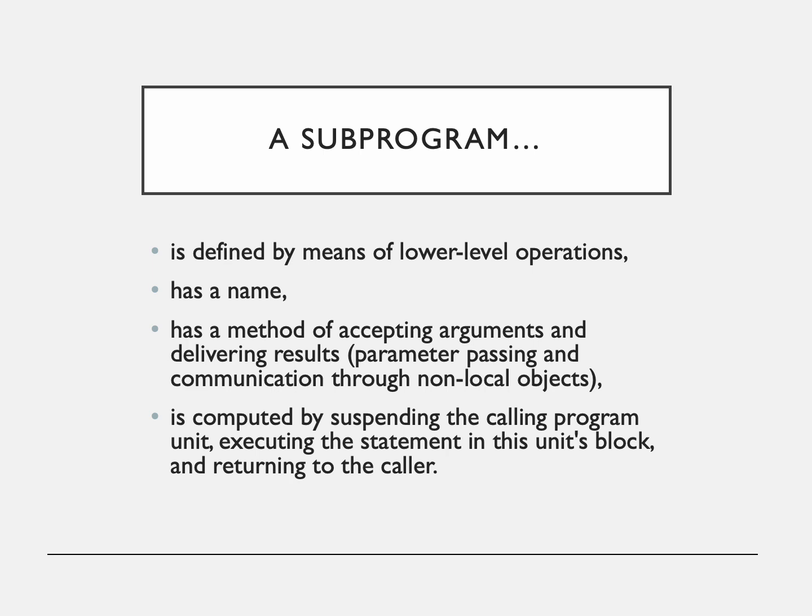At its core, a subprogram is defined through lower level operations. This means it is built upon more fundamental actions or commands that the programming language provides. These operations might include basic arithmetic, logic operations, or even other subprogram calls.